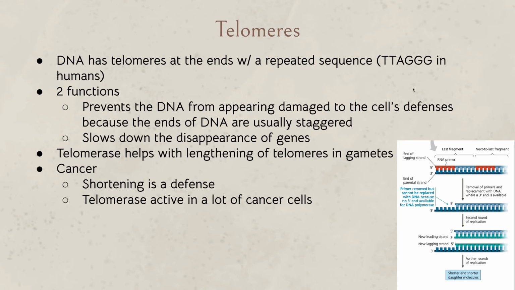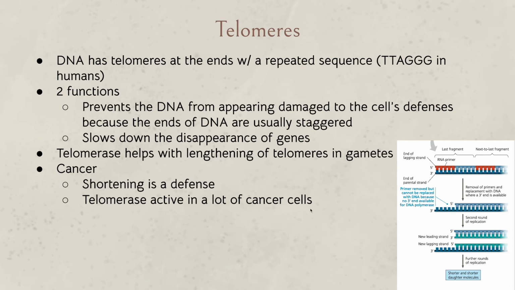So we want telomeres to act as a buffer, so we're not losing really important information. And essentially, telomeres give our cells a lifespan. So after a certain amount of replications, our cells are like, this DNA is going to get damaged soon if we keep on replicating it, and the telomeres are getting really short, so we're going to stop replicating to prevent cancer.